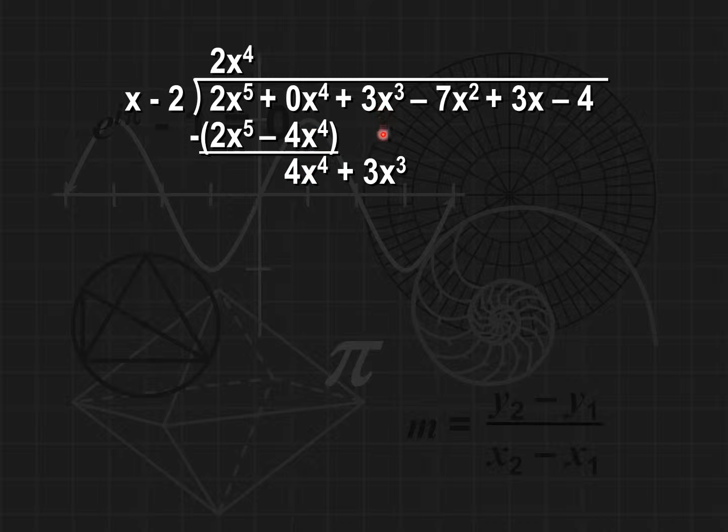Then we bring down our next term, which is 3x cubed. So then we think, what can I multiply x by to get 4x to the 4th? Well, I would have to multiply by 4x cubed. So 4x cubed times x is 4x to the 4th, and then 4x cubed times negative 2 is going to become minus 8x cubed.